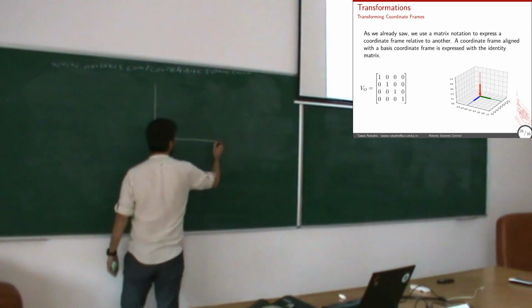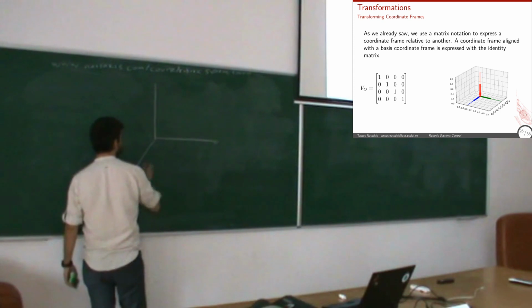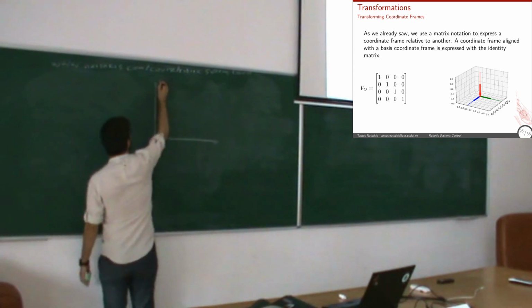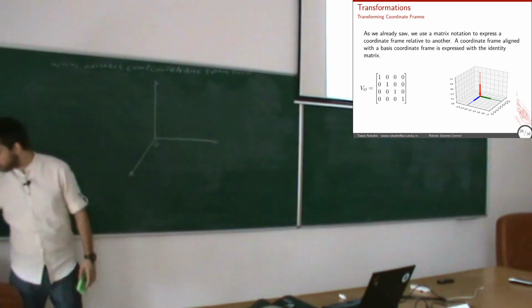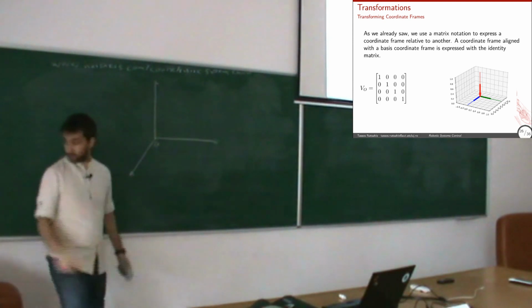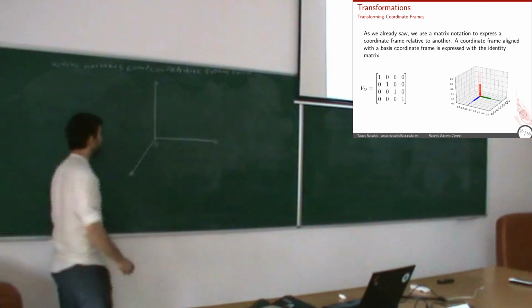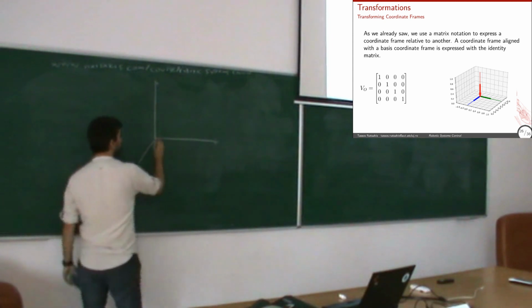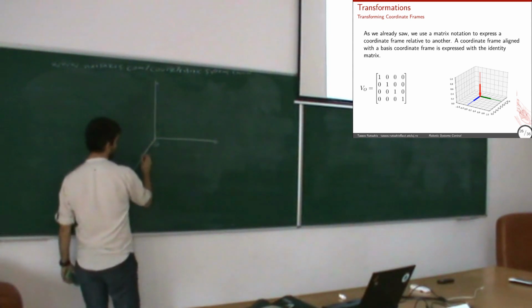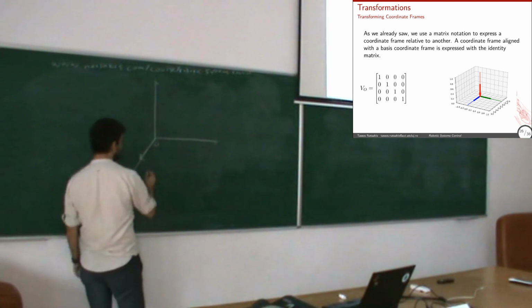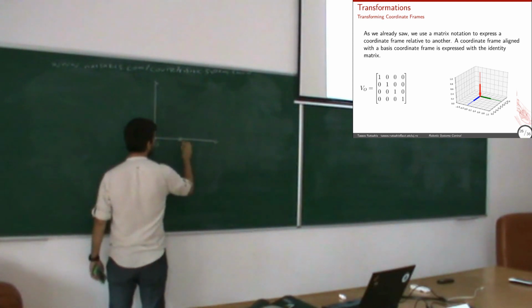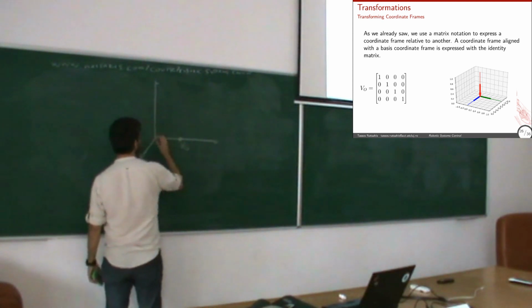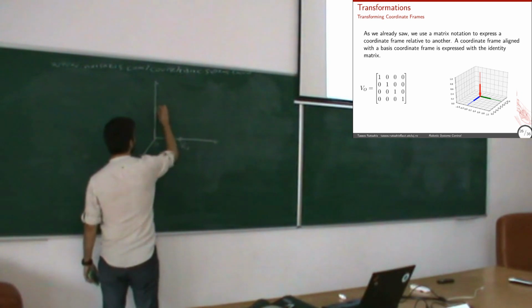So I have one coordinate frame called 0. Then I have V1 on 0, V2 on 0, and V3 on 0.